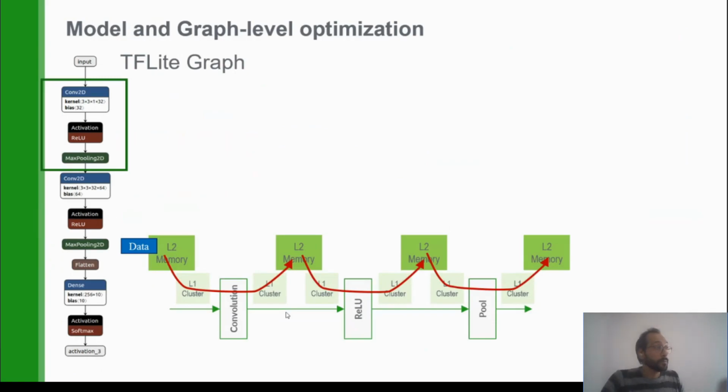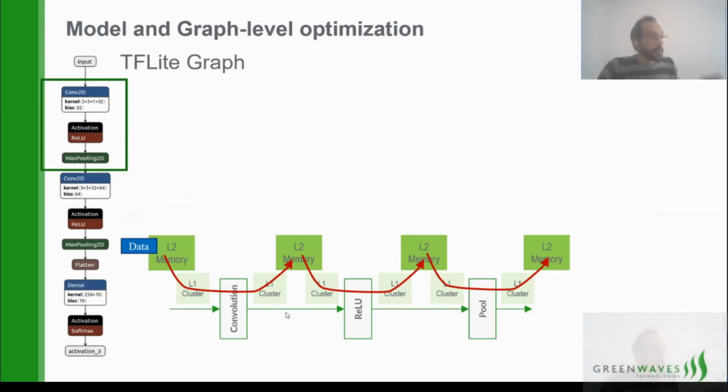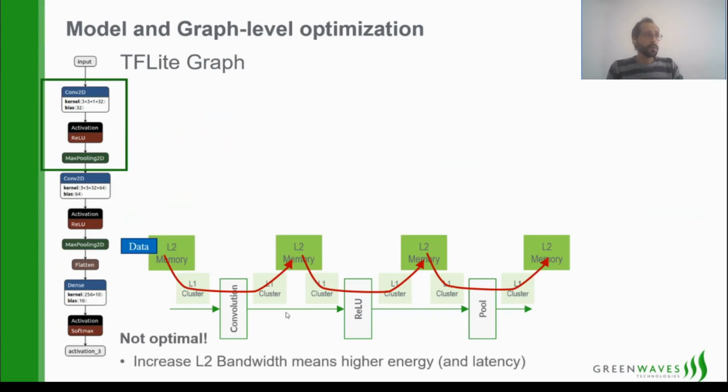If we implement it in this way in our system, it actually means that if we load all the network data in L2, then to do the convolution, we need to move the input image to L1, then do the convolution on the cores, then bring the results back and do it again for the ReLU and for the max pooling, which is not very optimal, because convolution followed by a ReLU and max pool can actually exploit the locality of data.